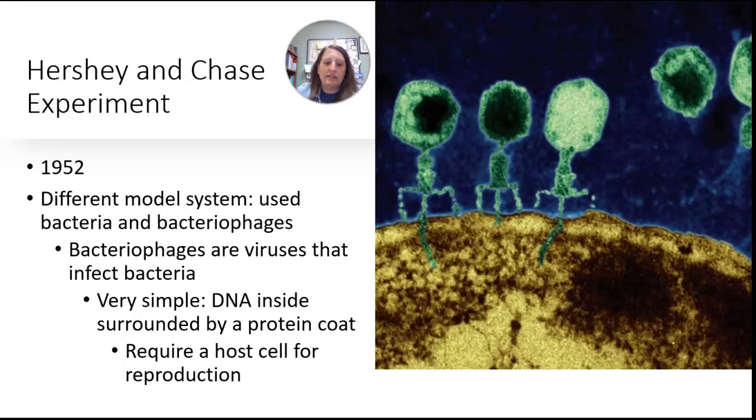Same idea, different system. So here's their model. They used bacteria. So in this picture over here, this yellowy structure, this is the plasma membrane of the bacteria, and this would be the cytoplasm of the bacteria. So they had bacteria, and then they had what are called bacteriophages.